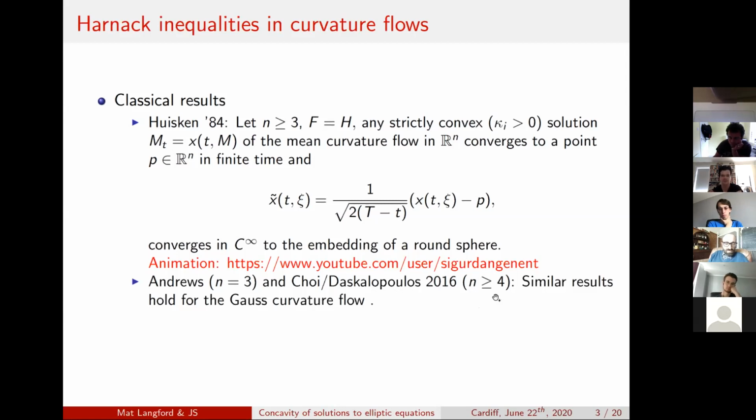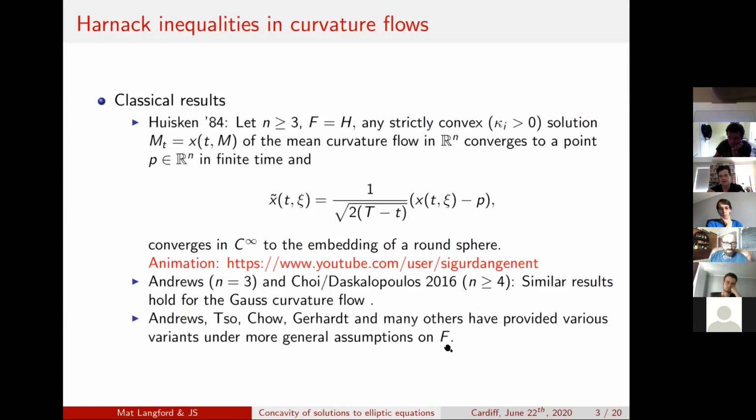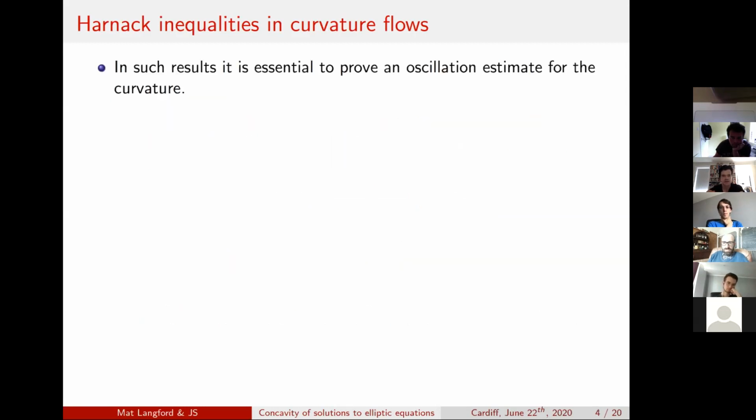So they generalized the result for the Gauss curvature flow. You can also look at more general functions of the principal curvatures, and there are many contributions by many people. Basically, since this happened in the 80s, they started to look at all kinds of curvature functions and proved similar results. Okay, so let's look at some techniques.